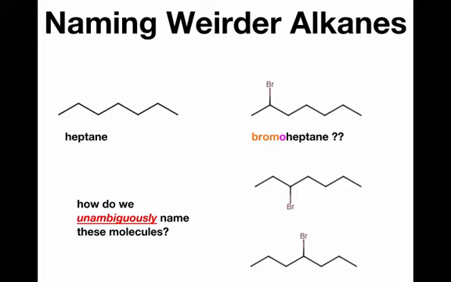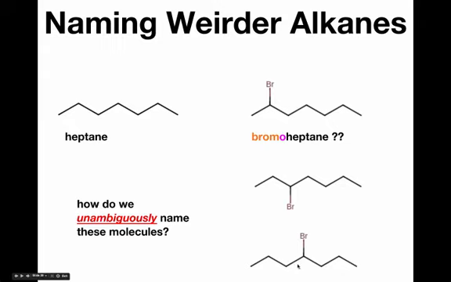The way that we do it, as I alluded to a moment ago, is you need to also specify how far the substitution is from one of the edges, and that will end up allowing you to uniquely name each of these types of molecules. This one is one away from the edge, this bromine is. This bromine is 2 carbons away from the edge, and this bromine is in the middle.